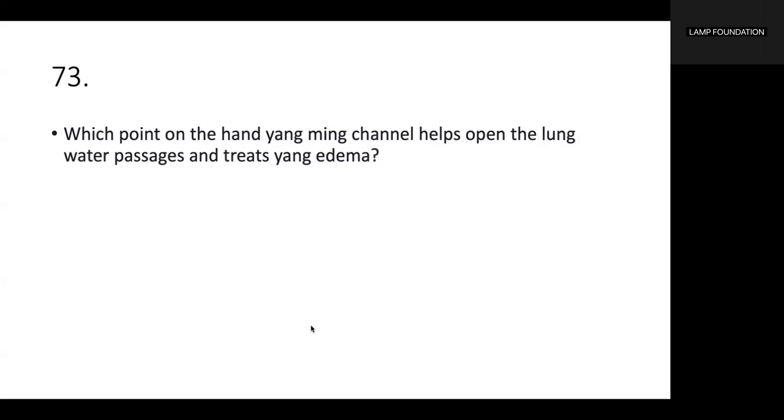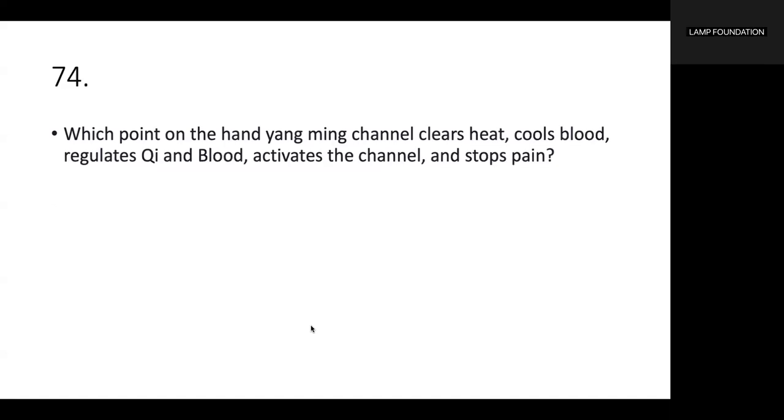Which point of the hand Yangming channel helps open the lung water passages and treats yang edema? Li6. Which point clears heat, cools blood, regulates qi and blood, activates the channel, and stops pain? The Li11.